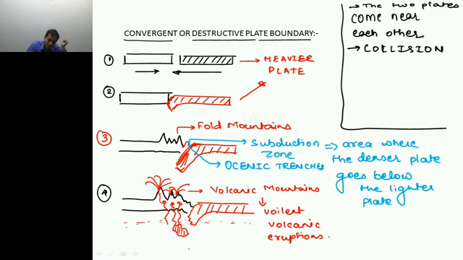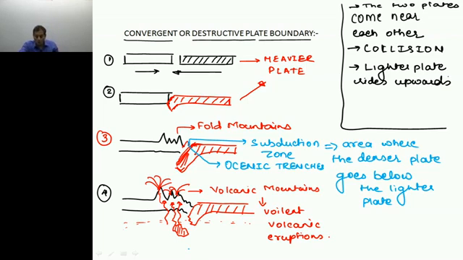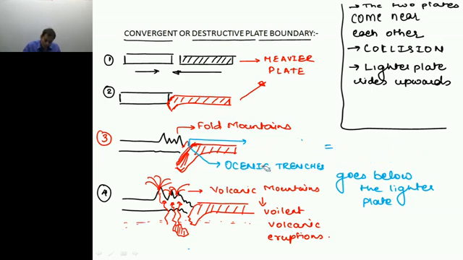Due to collision, the lighter plate rides upwards, while the heavier plate goes below.